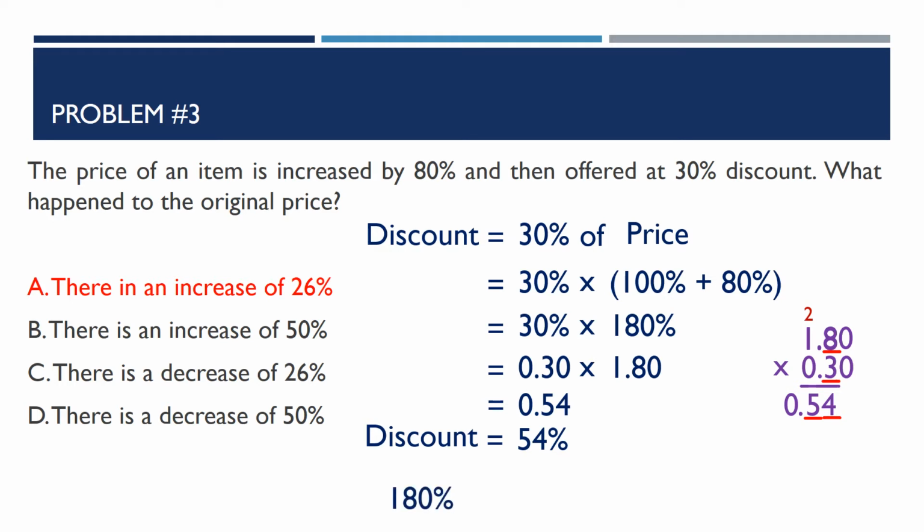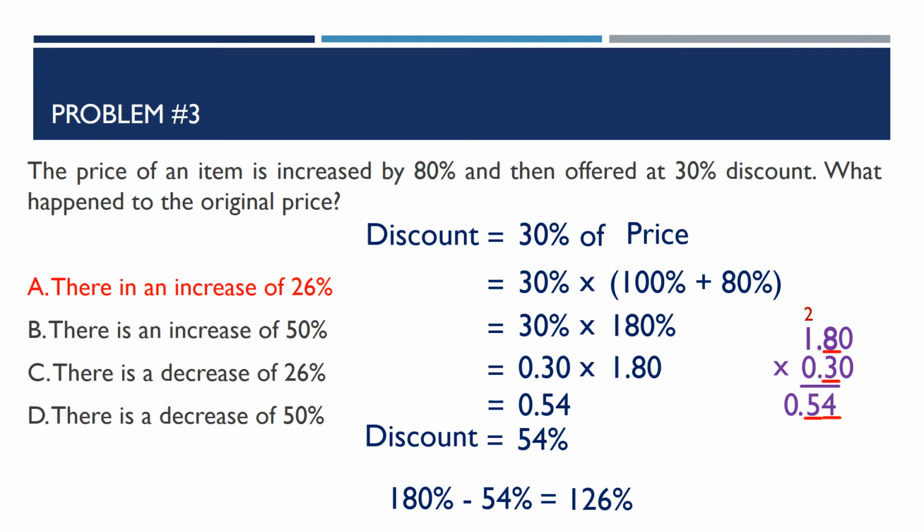So that means 180%, that's the new price after increasing, minus the discount 54%, which is the 30% of 180%, or the new price. So the second new price is 126%. So this is the price after discount of 30%.